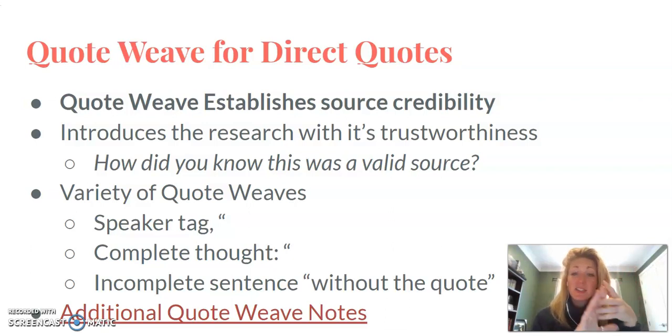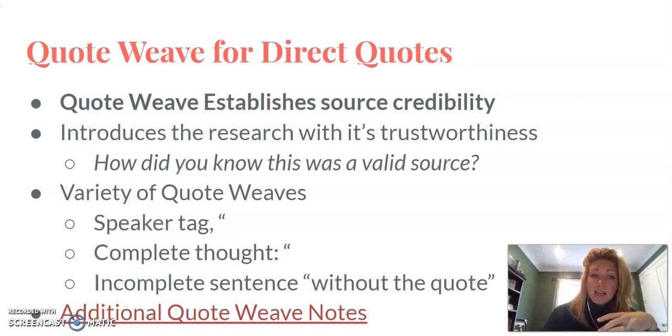Maybe you're introducing the study that was conducted and explaining how the study was actually put together, like how many participants there were or what college, university or campus put on the study. You could establish the trustworthiness of your source by explaining what that organization is associated with or any accolades or awards that they have received.